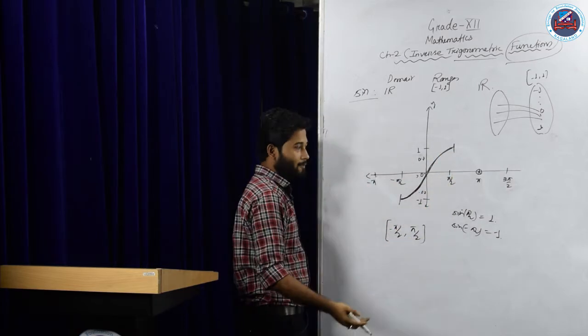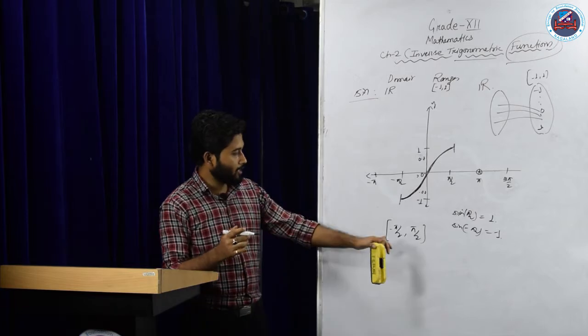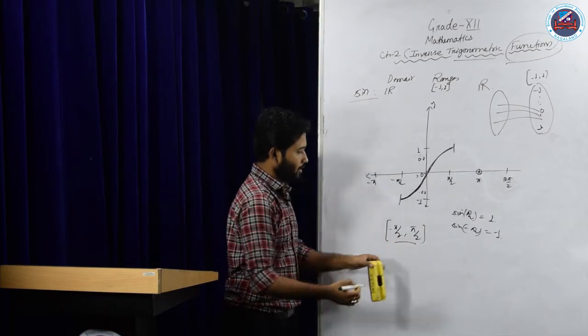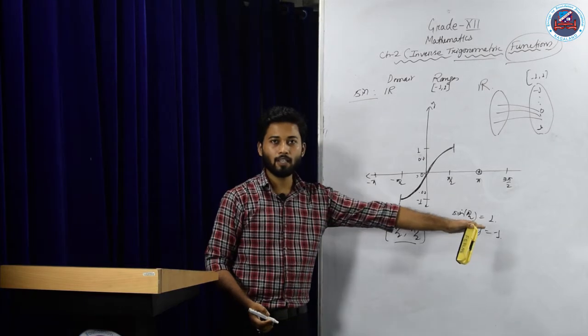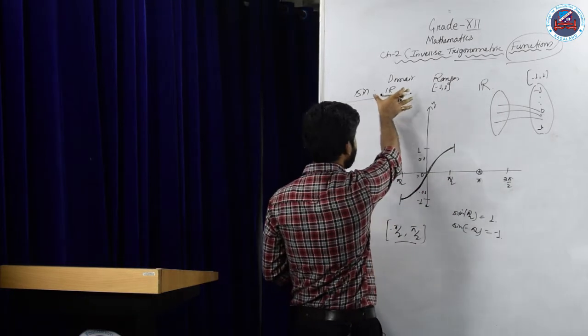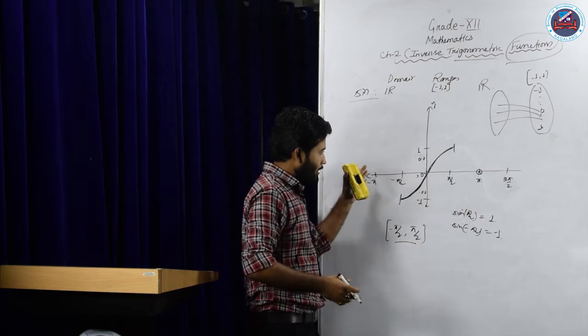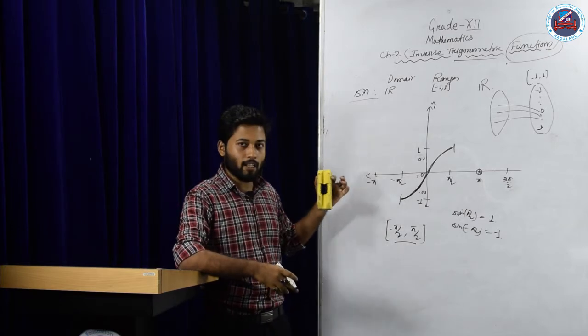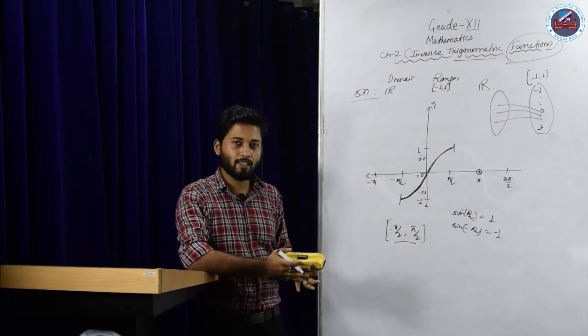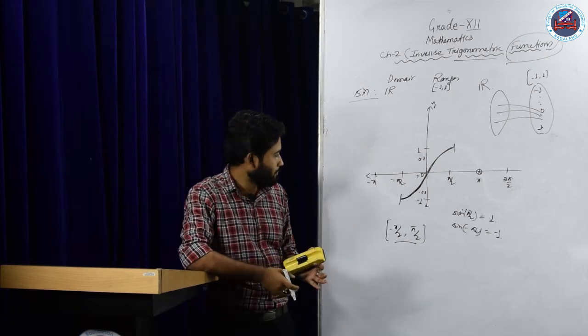And is there any such value in this interval that gives us 1 again? Or is there any other value in this interval for which the sine function gives us -1 again? No. So clearly, we have converted this sine function to a 1-1 function now. And since it is 1-1 as well as onto, it is bijective, and now we can find the inverse of the sine function.